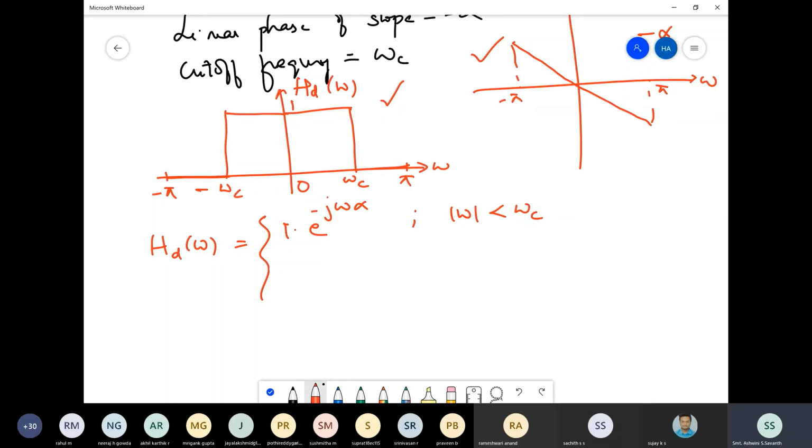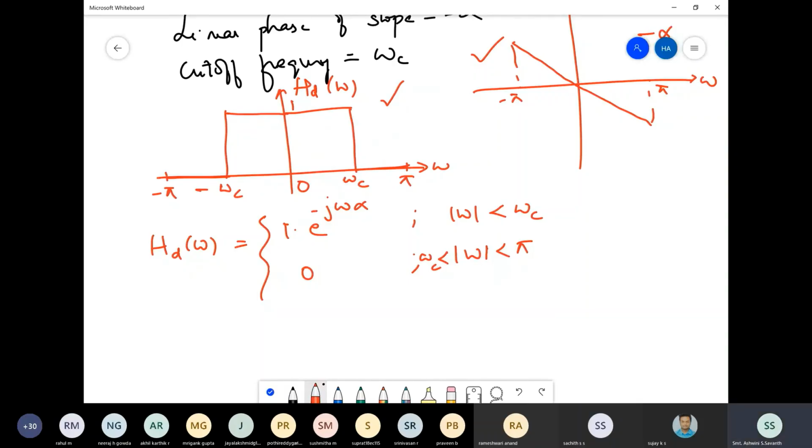We cut off all the frequency components beyond omega c. So it is 0 for magnitude of omega greater than omega c and less than pi, that is in the interval omega c to pi, and on this side minus pi to minus omega c. The value is 0.